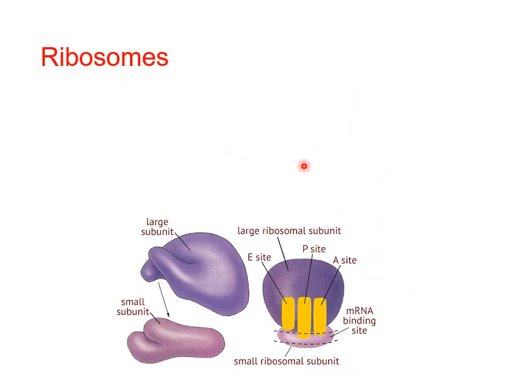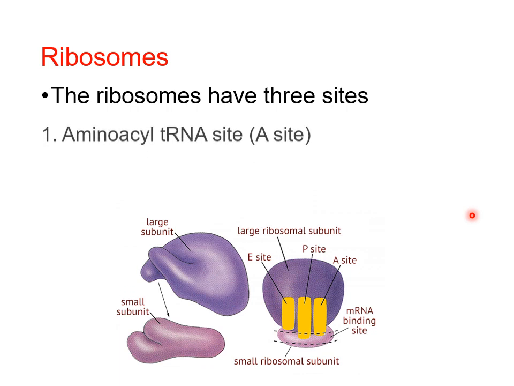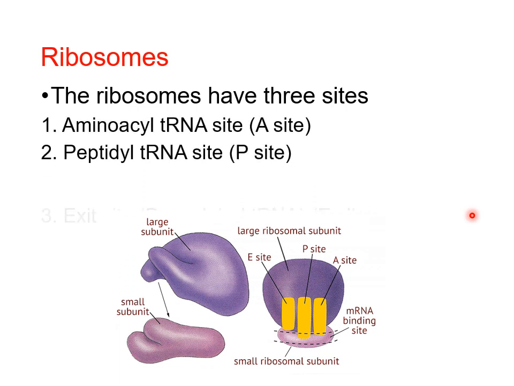During protein biosynthesis, the ribosomes have three imaginary sites called the A site, the P site, and the E site.